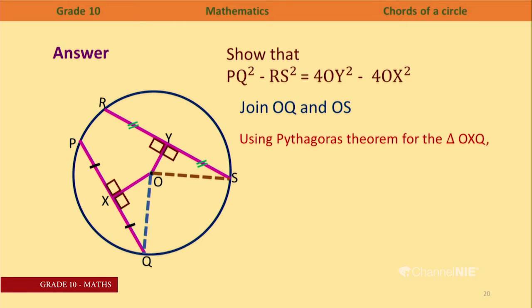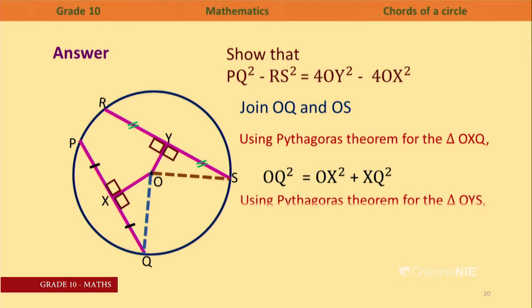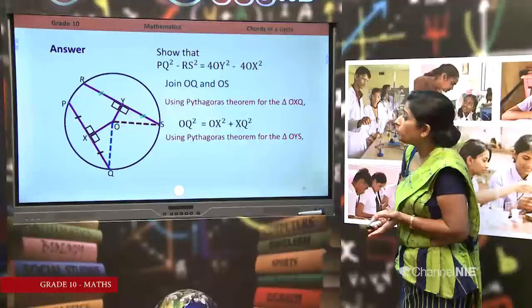Using the Pythagoras theorem for the triangle OXQ, we can make a relationship. OQ squared equals OX squared plus XQ squared. OQ is the hypotenuse, that is the radius of this circle. Then we can use the Pythagoras theorem again for the triangle OYS.